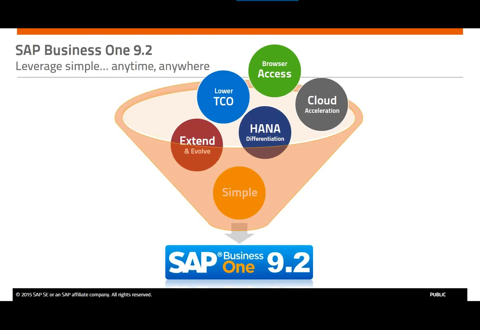So the key areas that they were focused on with SAP Business One 9.2 was delivering, first and foremost, browser access into the solution. We're going to show you that. The next thing they were focused on was helping drive down the total cost of ownership of the solution for you as an SAP Business One customer. One of the other things that they were also focused on was really accelerating the move to the cloud.